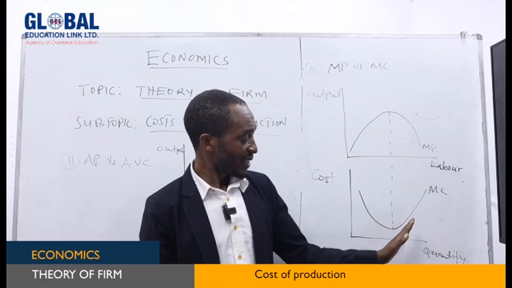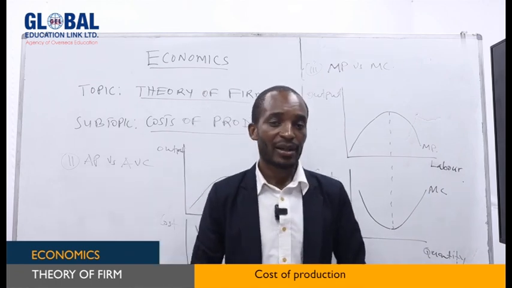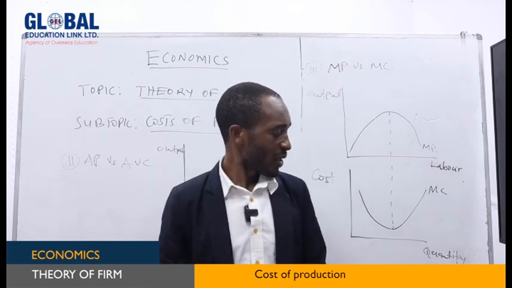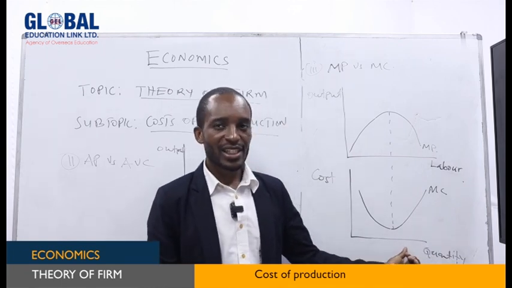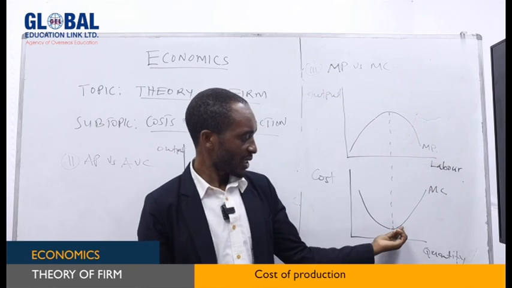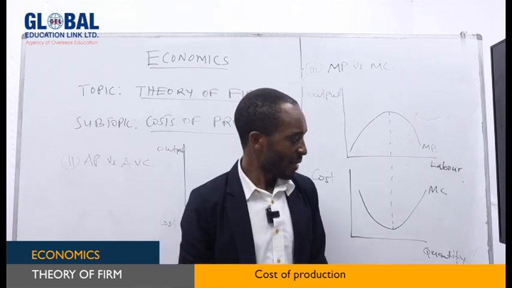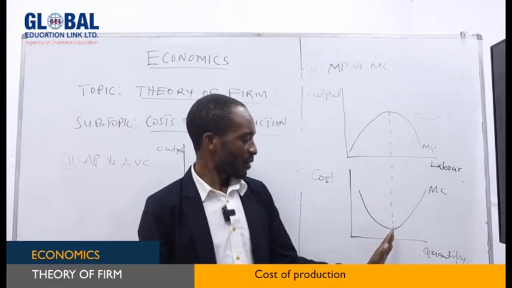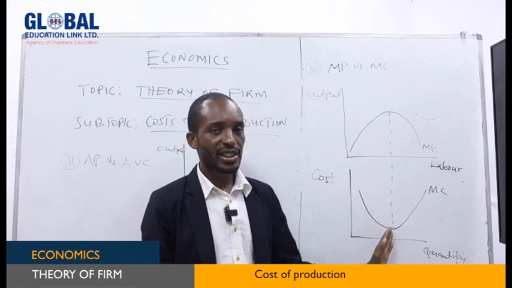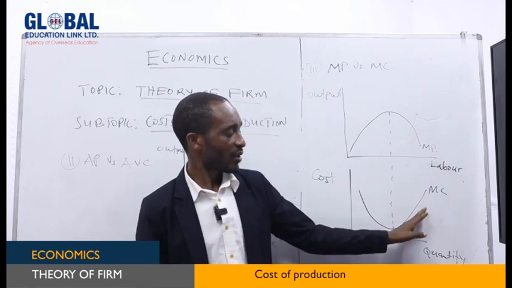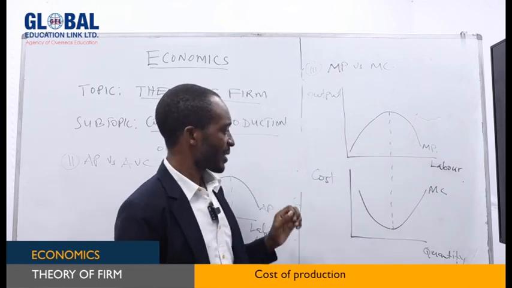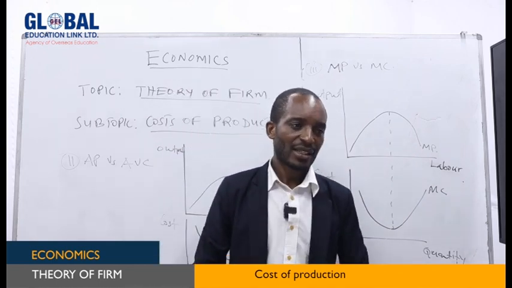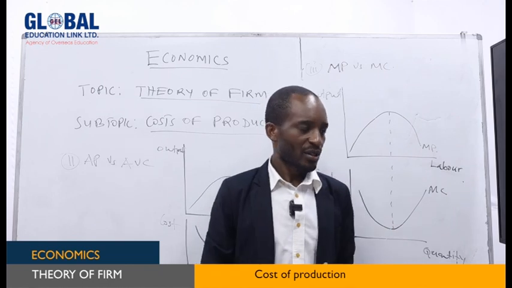So as a businessman or business owner, you can decide to cut off the production in order to reduce the cost. So the best position is either when cost is at a minimum or when the cost is declining, instead of when the cost is rising.